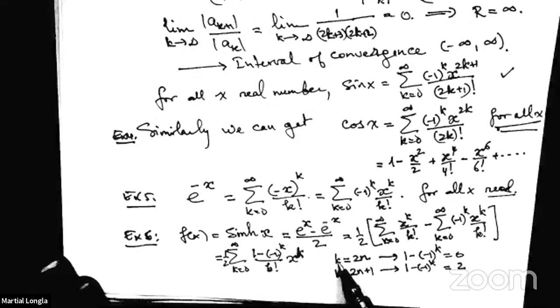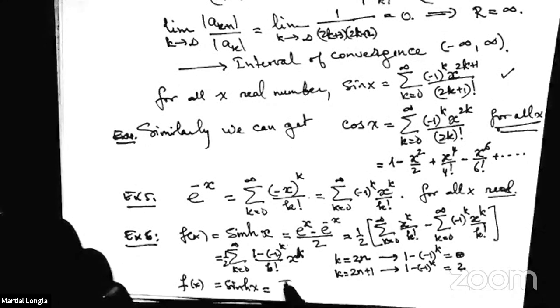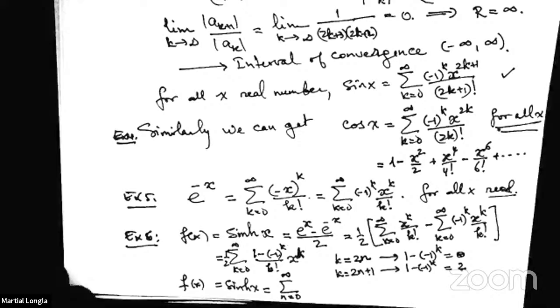So when the power is even, we get the coefficient 0. When the power is odd, we get the coefficient 2 over k factorial. This and the 2 we have here will cancel, to give f of x equals sine hyperbolic of x, which is nothing but the sum n from 0 to infinity, because I'm replacing k by 2n or 2n plus 1, n beginning from 0.